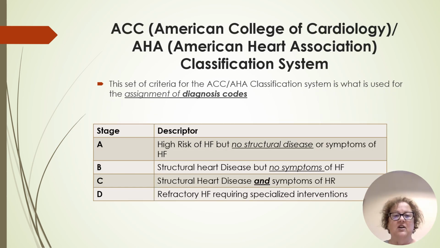This slide here, the American College of Cardiology American Heart Association classification system, is used by cardiologists to assign stages with various stages of heart failure. This set is used by coders for the assignment of diagnosis codes for the heart failure.